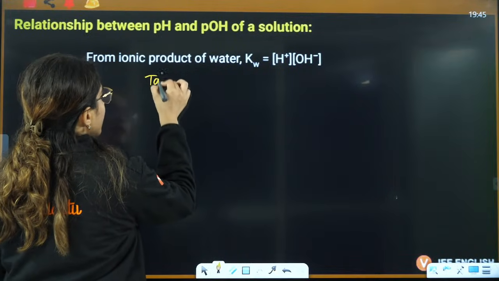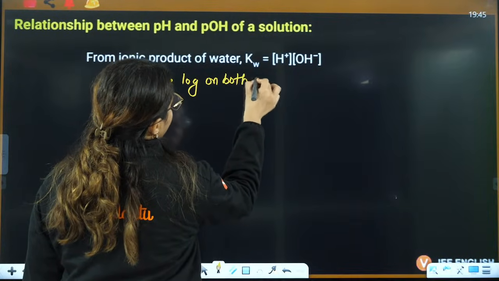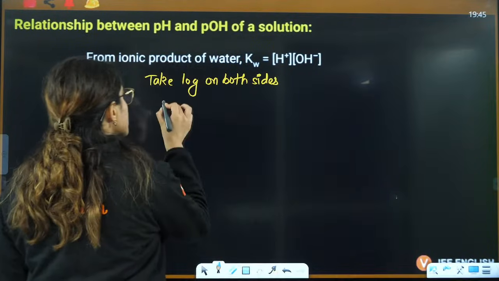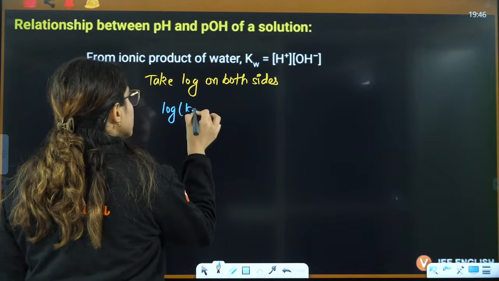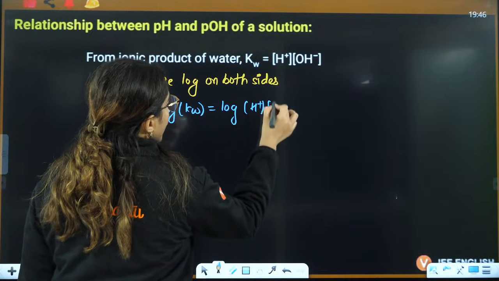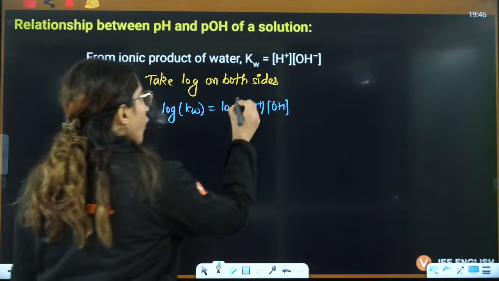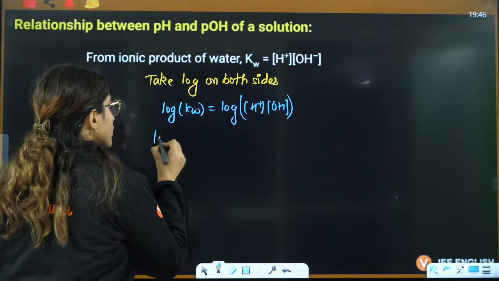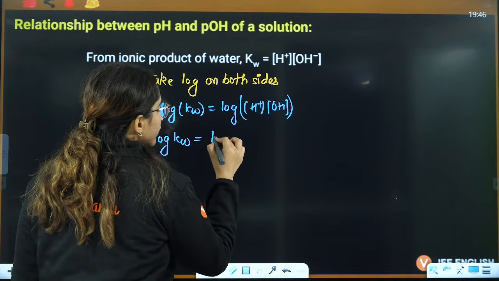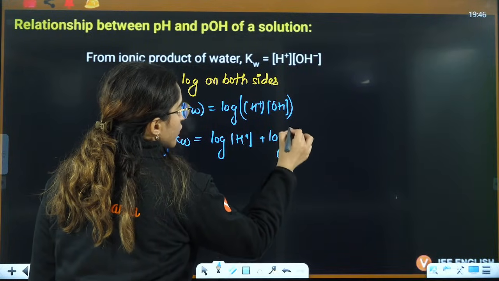I'm saying take log on both sides. This is log of Kw equals log of H positive times OH negative. Whenever two quantities are multiplied inside the log, you will add them. So log of Kw equals log of H positive plus log of OH negative.